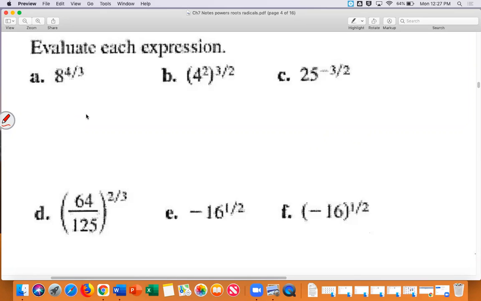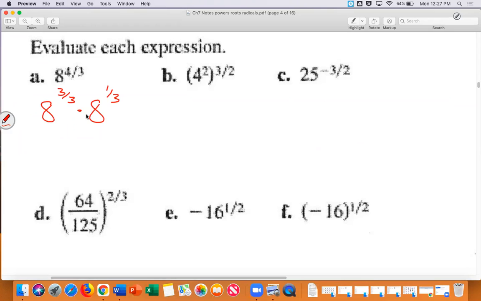Let's think about this. 4/3. I can reduce that, right? How many times does 3 go into 4? 1. So this is the same as saying 8 to the 1st times 8 to the 1/3. Does everybody see how I got that? All right. Let me put in another step. 4/3 can be written as 3/3 and 1/3.